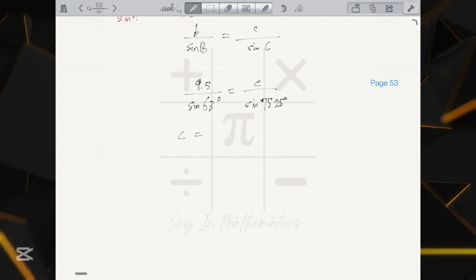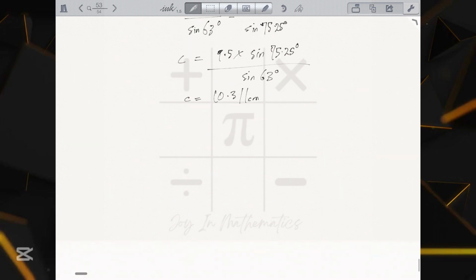C is equal to 9.5 multiplied by sine 75.25 degrees divided by sine 63 degrees. Using our calculator because of time, 9.5 multiplied by sine 75.25 divided by sine 63 degrees. And this will give us C is equal to 10.311, to 3 decimal places, centimeters.